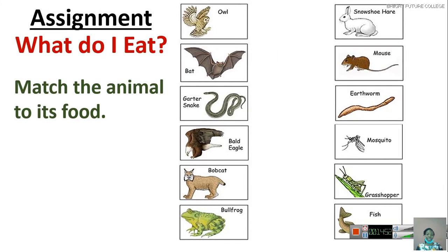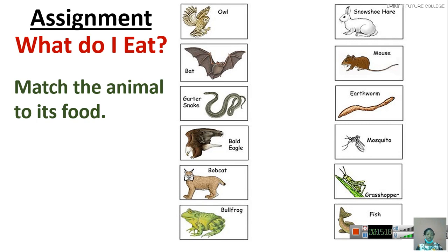Now look at this. You are going to play this little game. The question is, what do I eat? You are going to match the animal to its food. We have bat, garter snake, bald eagle, bobcat, bullfrog. And on the other hand, we have snowshoe hare, mouse, earthworm, mosquito, grasshopper, and fish.